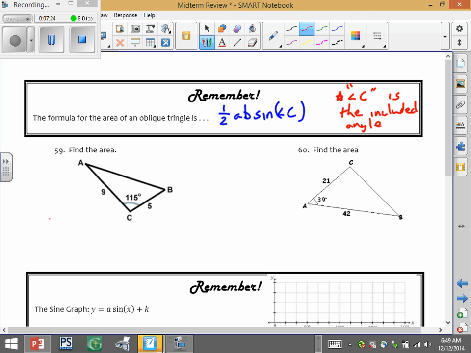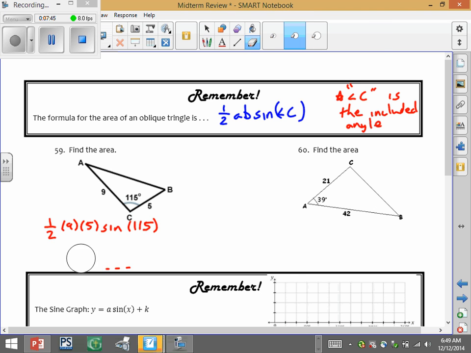So here we do 1/2 times 9 times 5 times the sine of 115. You can see how 115 is between those two sides. This is literally just plugging things into the right place at the right time. So the area of this triangle is 20.39.